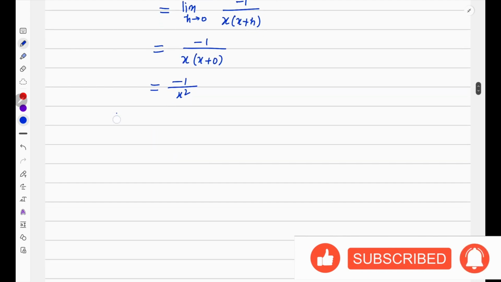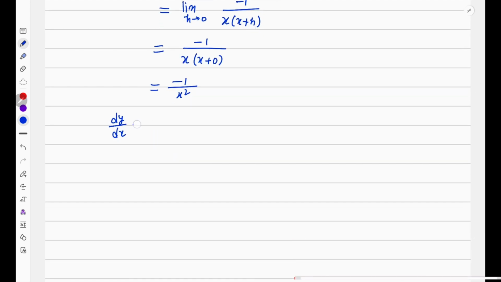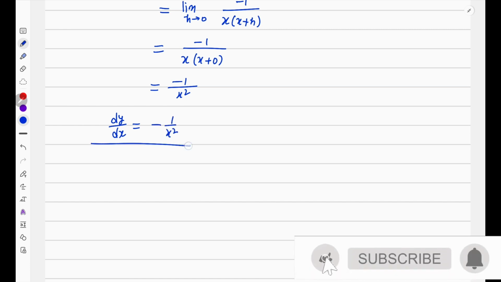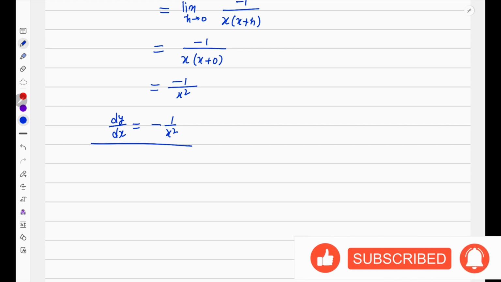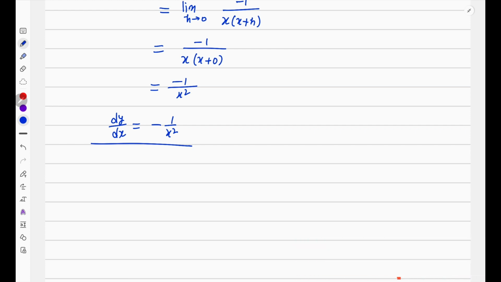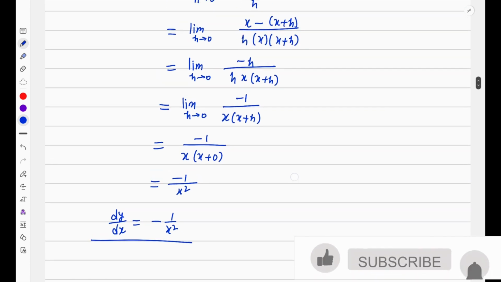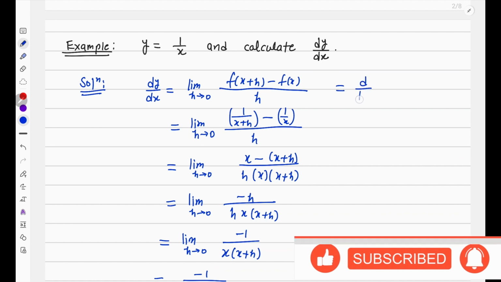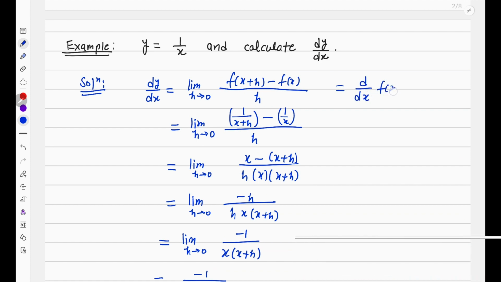So we get dy by dx as minus 1 over x square. So this is how we can use the first principle and the Leibniz notation. So this is basically the differentiation of f(x).